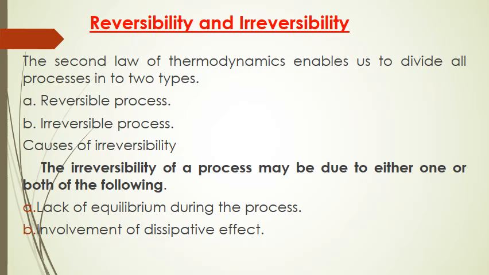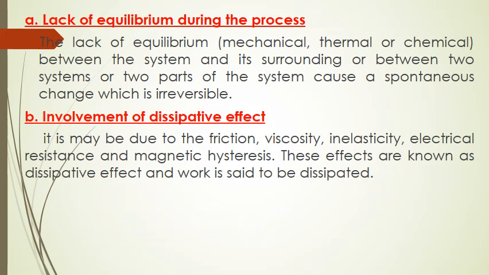So let us have those reasons. One is lack of equilibrium during the process, and the other is involvement of dissipative effect. Let us understand what is lack of equilibrium and what is involvement of dissipative effect. First, consider lack of equilibrium during the process.